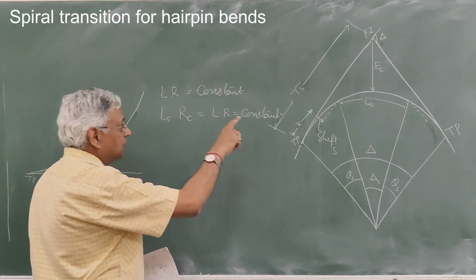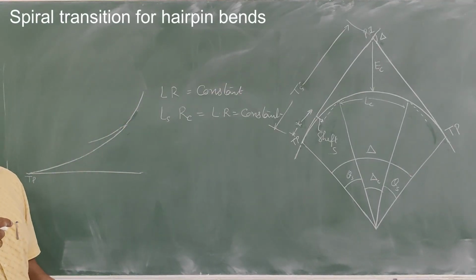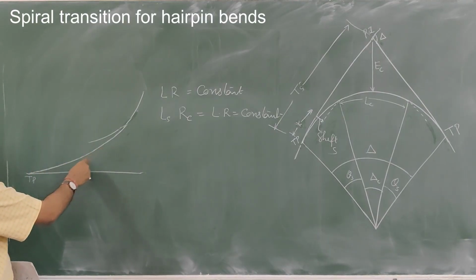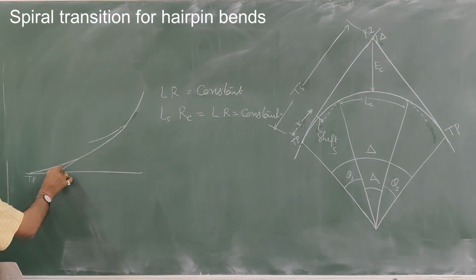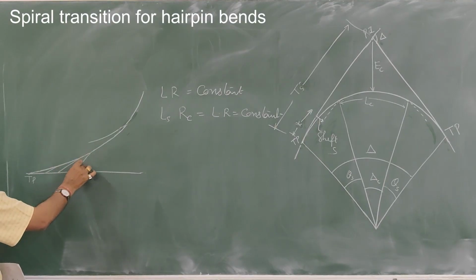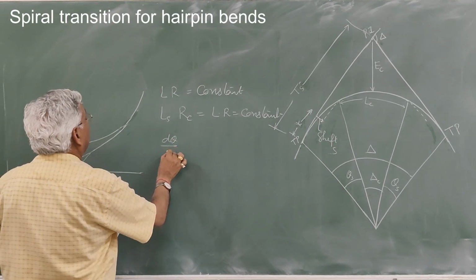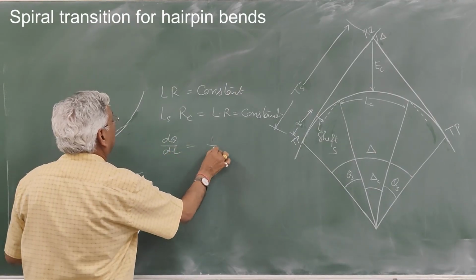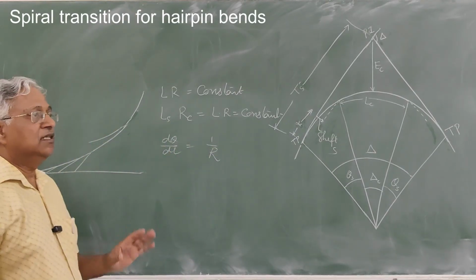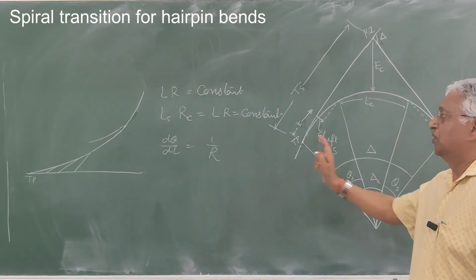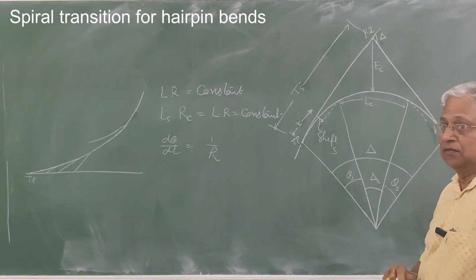In the case of a spiral transition, the deflection angle at any length is such that d theta upon dl is 1 upon R. That is the governing equation for a spiral transition.